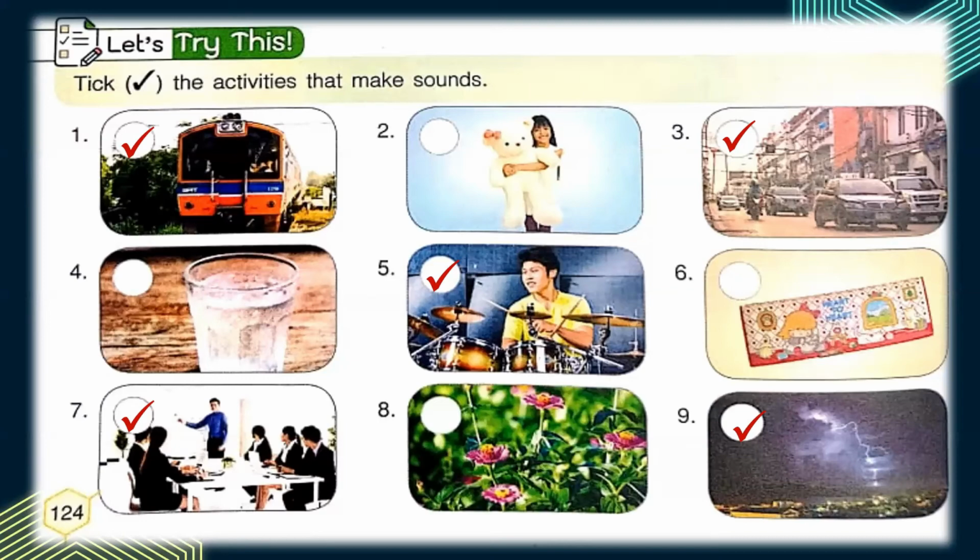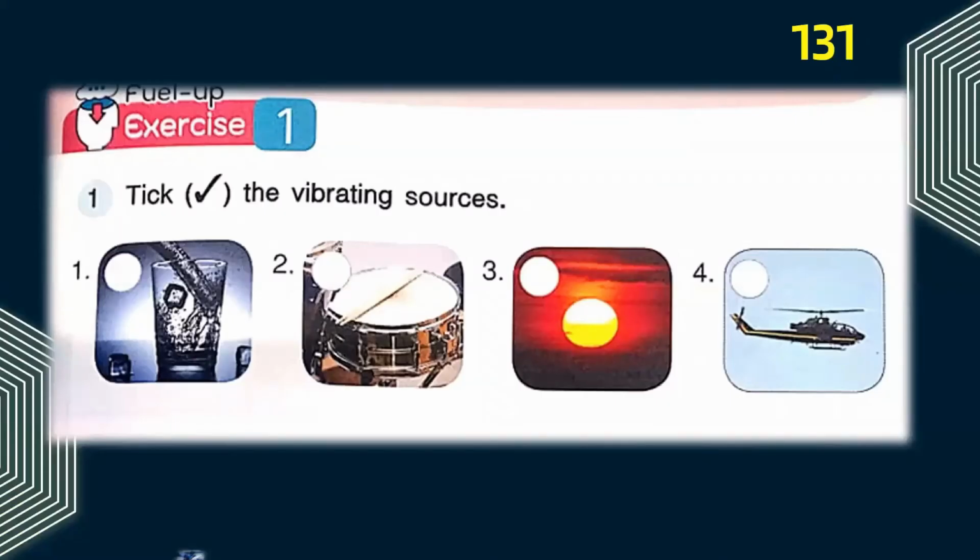After this one, let's move to page 131. For this one, you have to tick the vibrating sources, same as the previous activity. For number 1, we can see here pouring of water in a glass with ice cubes. Does that produce sound? Yes, it can.